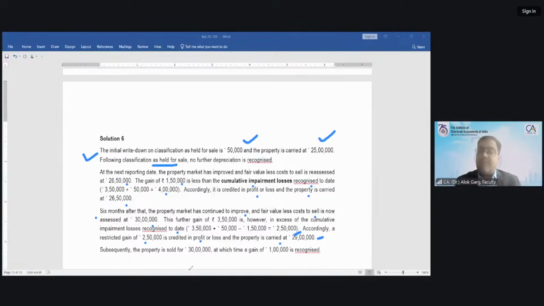Subsequently, if the property is sold for 30 lakh rupees, of course, you will recognize a gain of 1 lakh rupee, right? Whatever price it is sold for, the gain has to be recognized to the extent of the actual value, right? Is that clear? Yes, sir. Clear, sir. Okay.